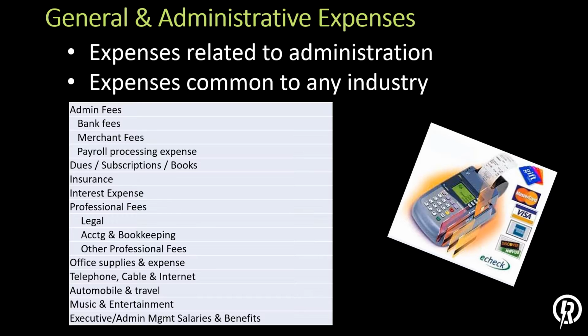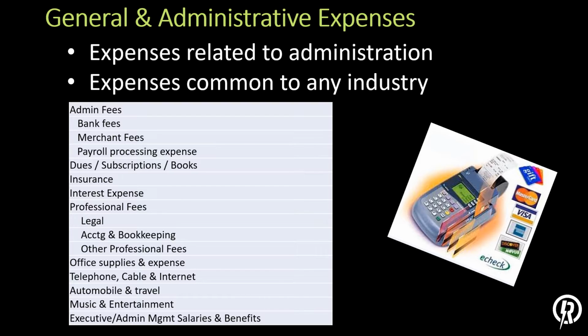Lots of different types of insurance. If we borrow money from a bank, we need to pay interest expense. Or if we have a balance on a credit card, we've got to pay interest expense. Then we have all kinds of professional fees too. If we use a lawyer, we need legal expenses. We have accounting and bookkeeping expenses to keep our numbers current and accurate. Other professional fees. When we have paper or printer toner, that stuff is part of general and administrative expense.